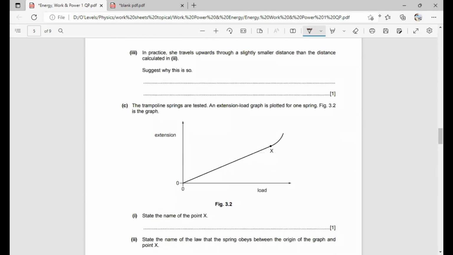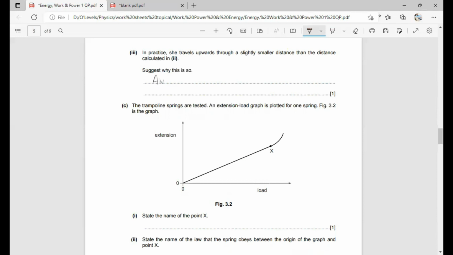Now, in practice, she travels upward through a slightly smaller distance than the distance calculated. Why? We estimate that the person will reach a maximum height of 1.8 meters, but there is a slightly smaller distance. The principle of conservation of energy applies, but what is actually the reason?